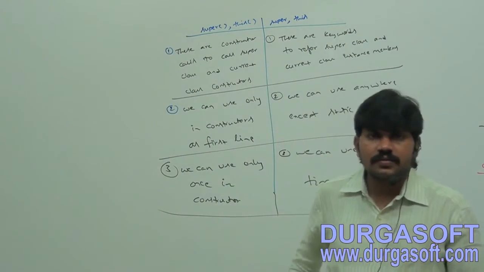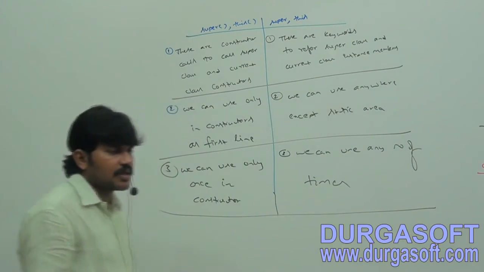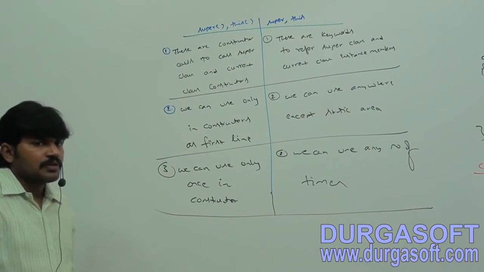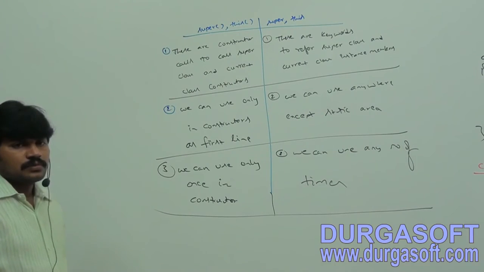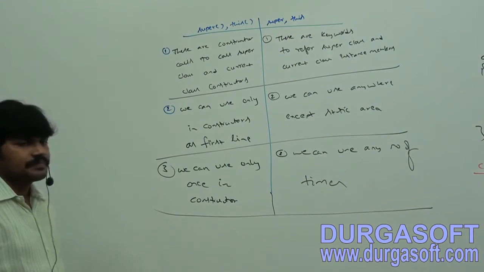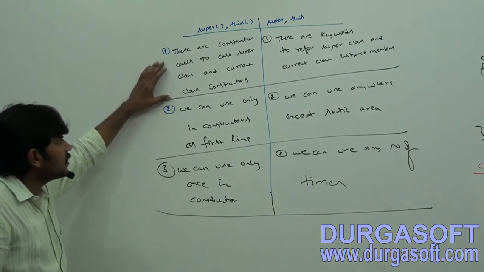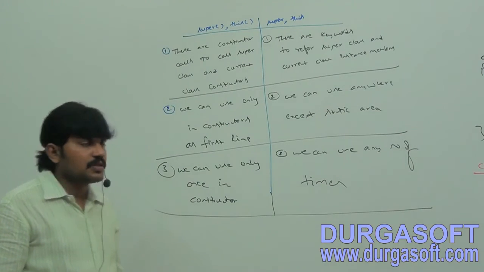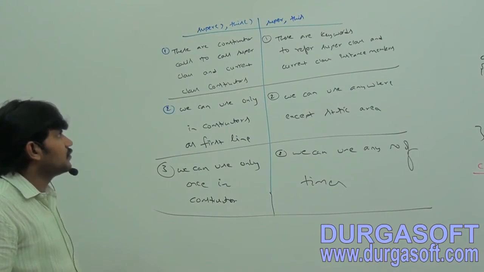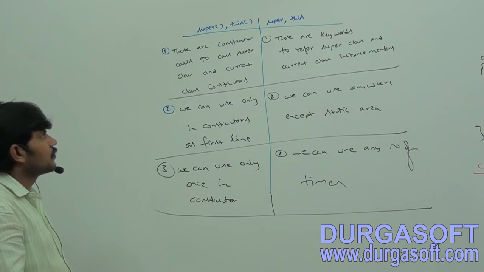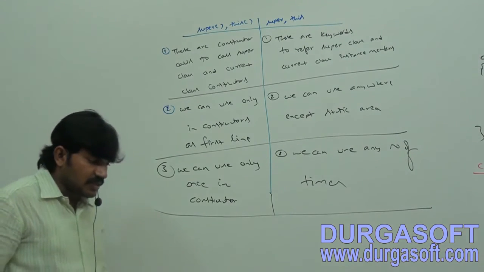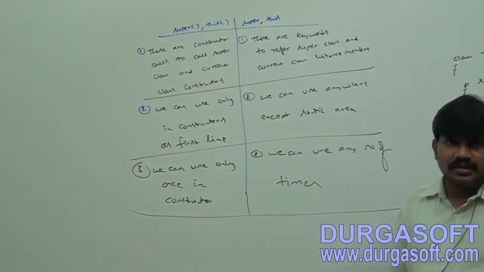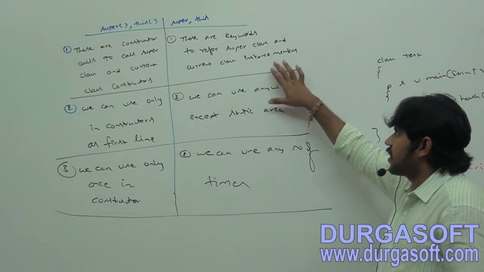Take the table first. Super with brackets and this with brackets on one side, and super and this keywords on the other side. The first point: these are constructor calls to call superclass and current class constructors.